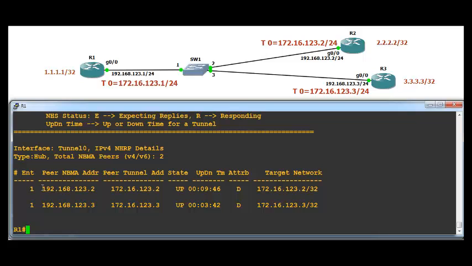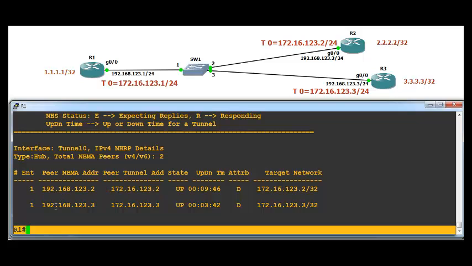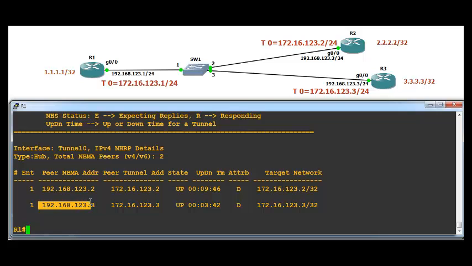See, router 2 has come with this physical address and said, hey, my tunnel IP address is this, take it. I didn't give these things on R1. See, router 3 has said, this is my physical IP address, I'm using this tunnel IP address. And both have agreed. You see, they are up now.